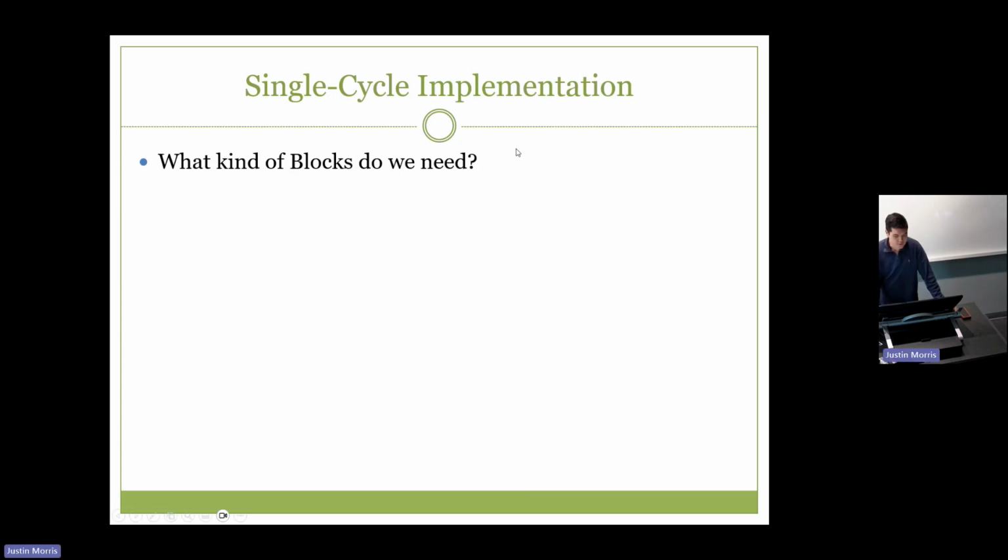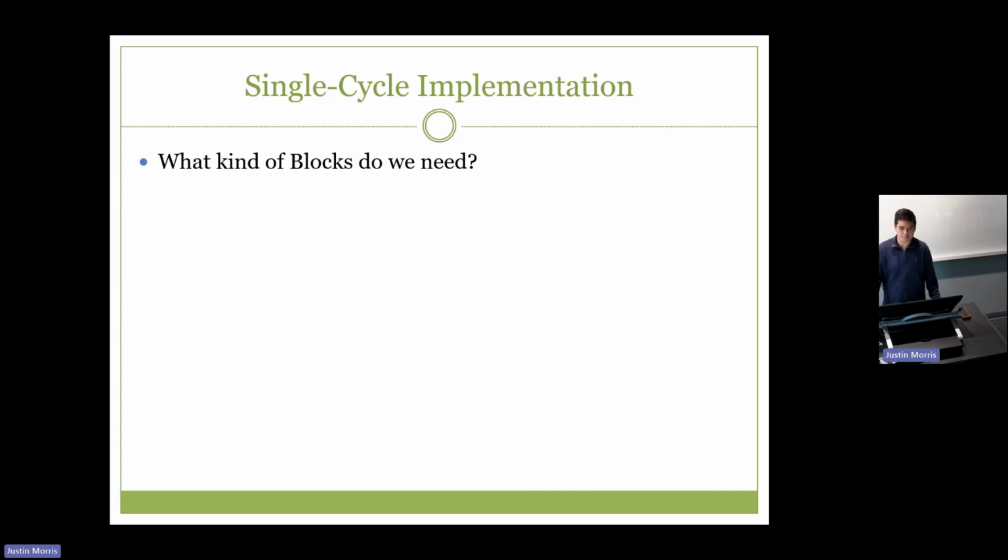So first thing is, what kind of blocks do we need? What do we need to start with in order to make this data path? Registers. Yeah, we need registers. What else do we need? ALU. What else do we need? Data memory.